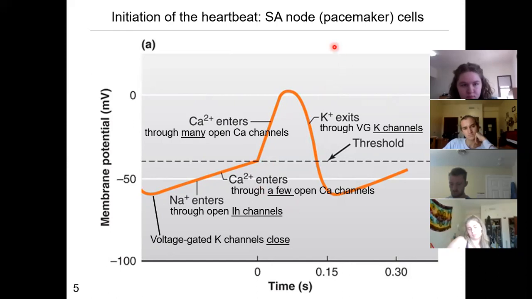Questions about the pacemaker mechanism? So in the SA node, this is the mechanism for why the cells spontaneously fire action potentials.